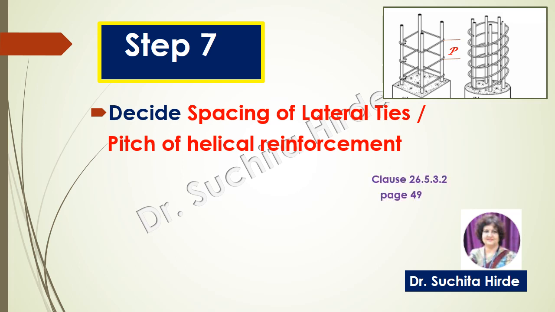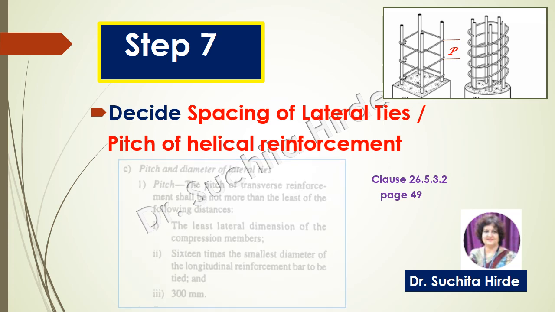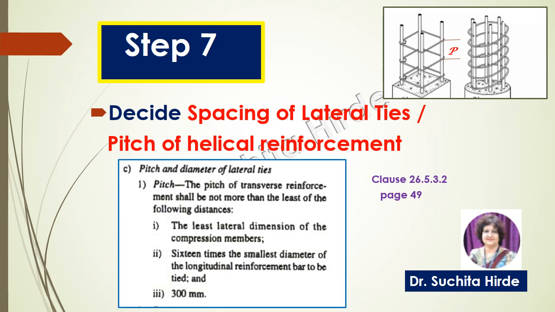This clause is given on page number 49, 26.5.3.2. In this clause there are three conditions given. The pitch should be minimum of, first is least lateral dimension, that means the shorter side of the column, 16 times smallest diameter of longitudinal bars or 300 millimeter. Out of these three, whichever is minimum, that we have to provide.